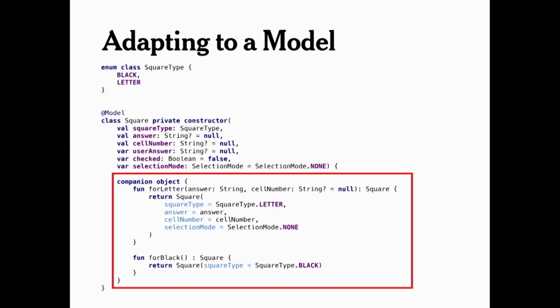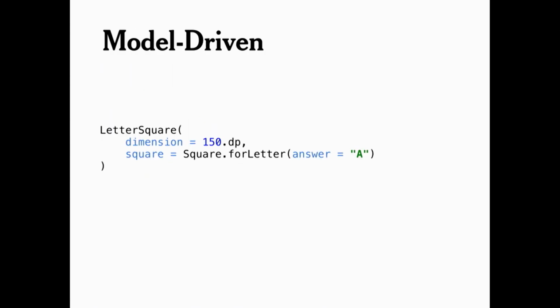So now that we have a model, I can go and make a letter square. Let's rename white square to letter square because that more reflects what's going on now. So I want 150 dips for my letter square, and I want to say square for letter where the answer to this square is A. So now I can go and construct a model that way.